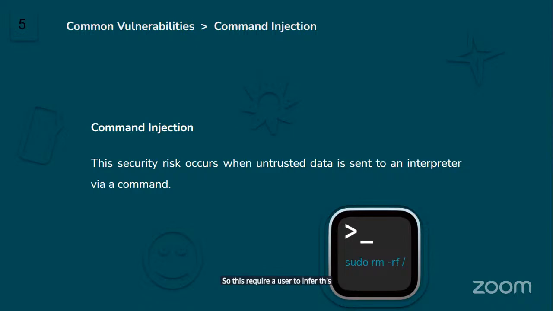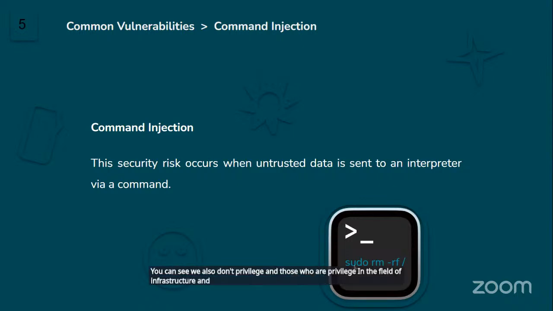And if the user unfortunately inputs sudo rm -rf /, this is to remove the entire operating system of the computer. You can see we have sudo privilege here, and those who are in the field of infrastructure and cloud will know what I'm talking about, as will those who use Linux distributions.